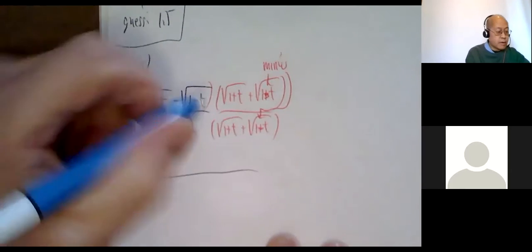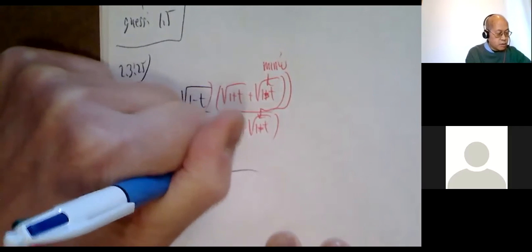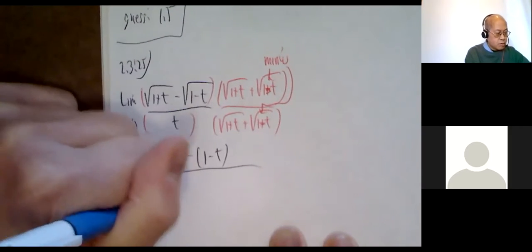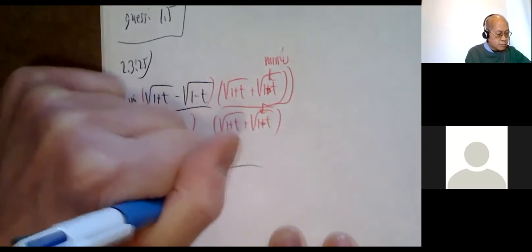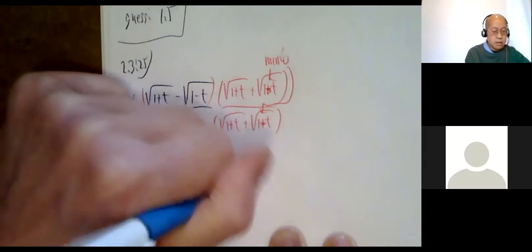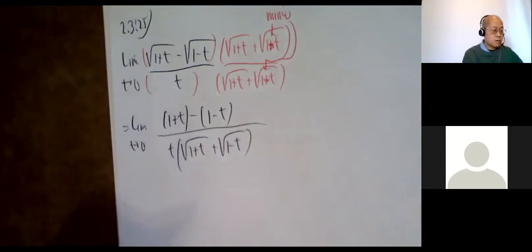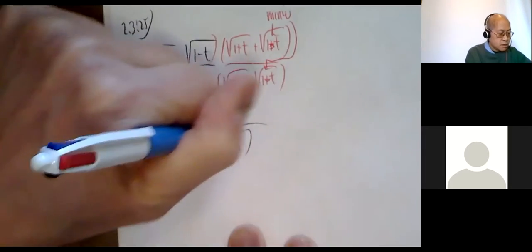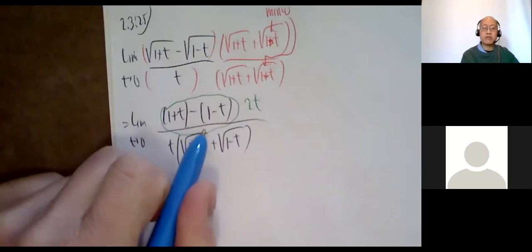So square that: it's 1 plus t minus the quantity 1 minus t, over t times the quantity radical 1 plus t plus radical 1 minus t. This comes out to be 2t. 1 minus 1 cancels out.